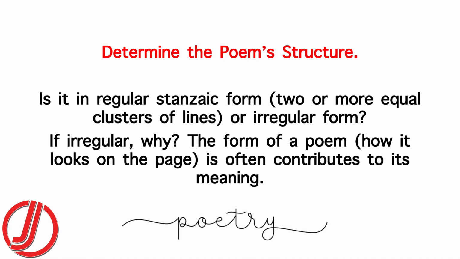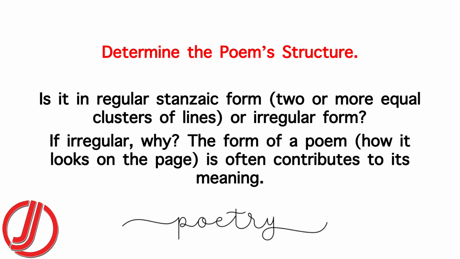Then determine the poem's structure. It is also very easy: you can guess whether it is in regular stanzaic form or irregular form, like whether it has two or more equal clusters of lines or not. If it is irregular, why? What could be the reason? Maybe the complexity of the modern age.